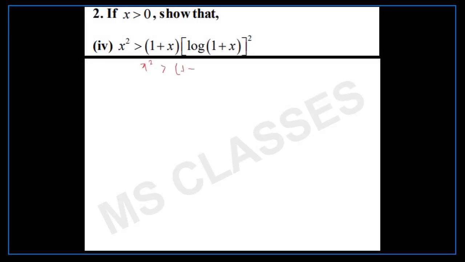x square greater than 1 plus x, ln 1 plus x whole square, x greater than 0.